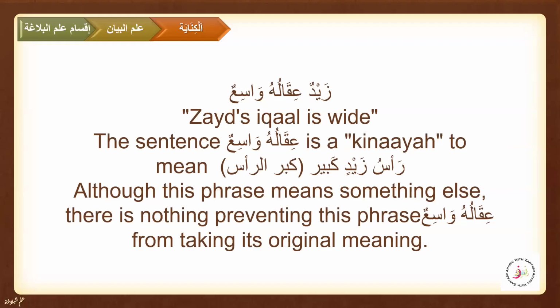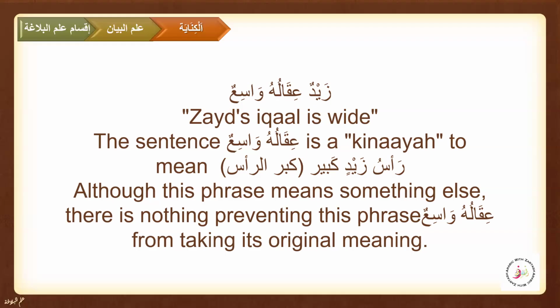So here we can say that this kinaya Zaidun ikaluhu wasiun, Zaid's ikal, headband, is white, is not just about his headband. It's a kinaya, a phrase that hints at another meaning as well. And what's that meaning? I already said it: Rasu Zaidan Kabiran, like Zaid has a big head.